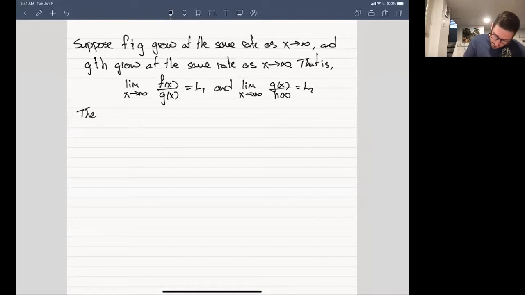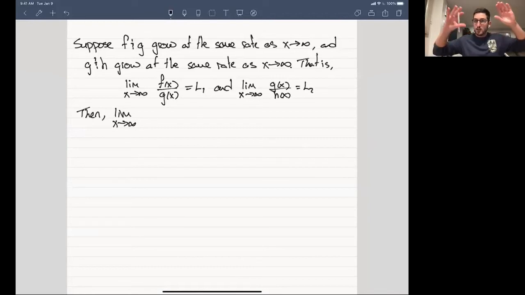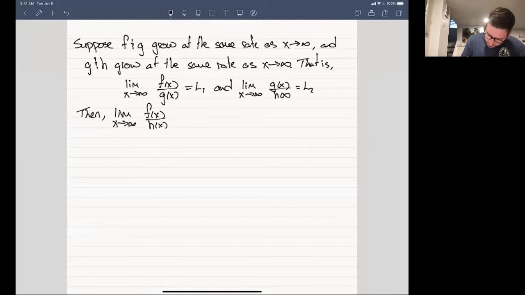Then we can find that f and h have to grow at the same rate as well, right? So this is a transitive property. If f and g are related and g and h are related, then f and h have to be related too. And this is actually just a pretty simple little manipulation here. I can take that fraction and multiply and divide by g. So I get f of x over g of x times g of x over h of x.